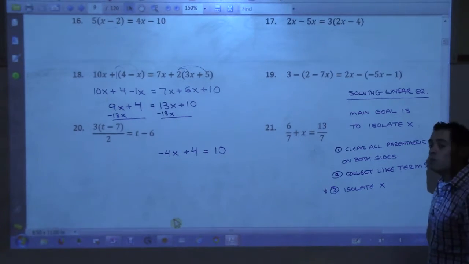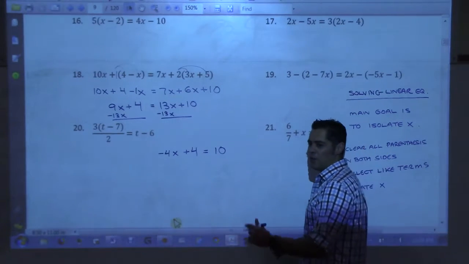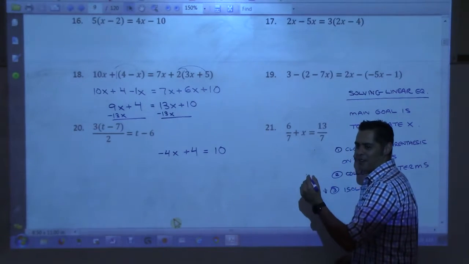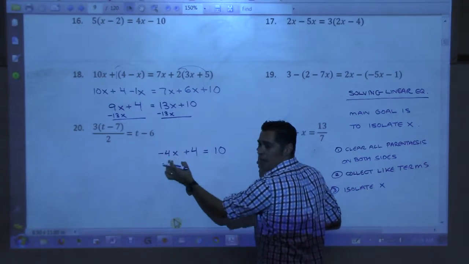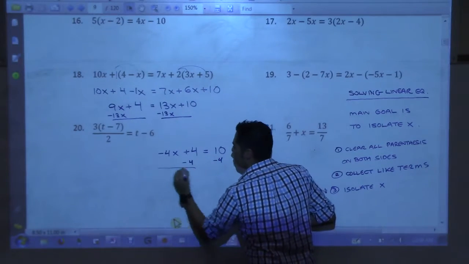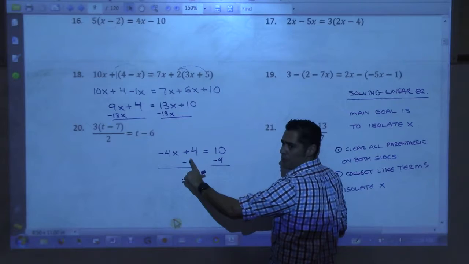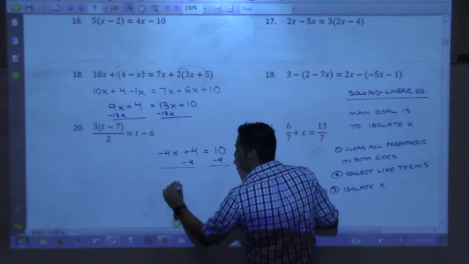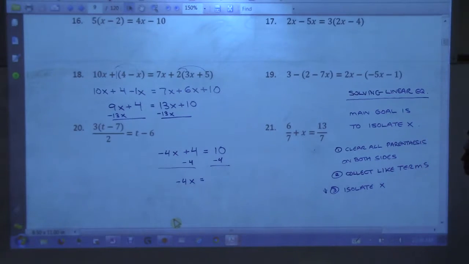Subtract 4. You're subtracting 4 to get rid of it, right? Because if you get rid of that, you'll just have the x there. So subtract 4 here, subtract 4 here, boom, boom. And then the left side would now become negative 4x, and the right side would become 6.